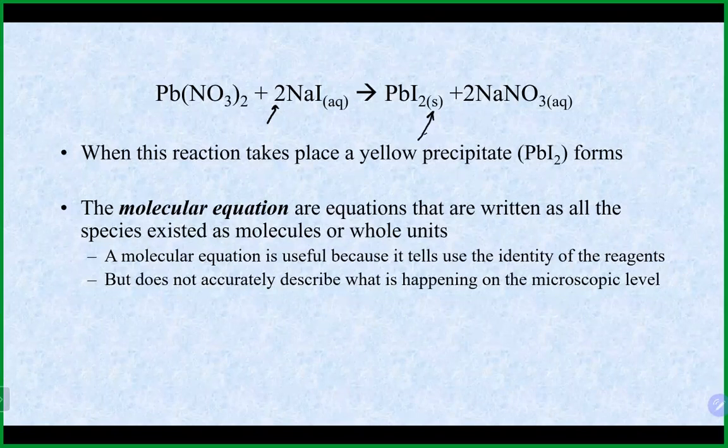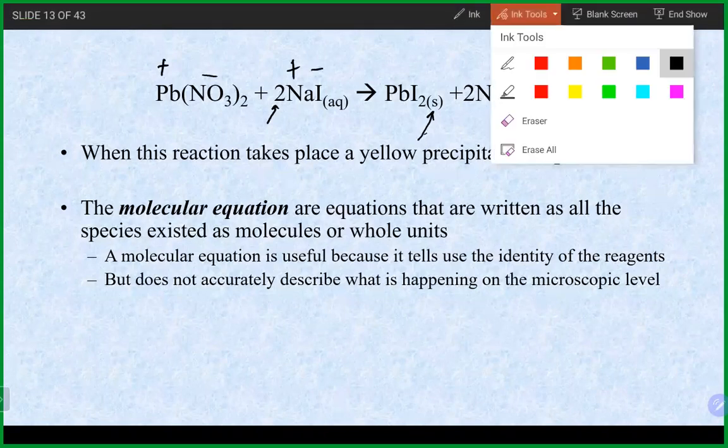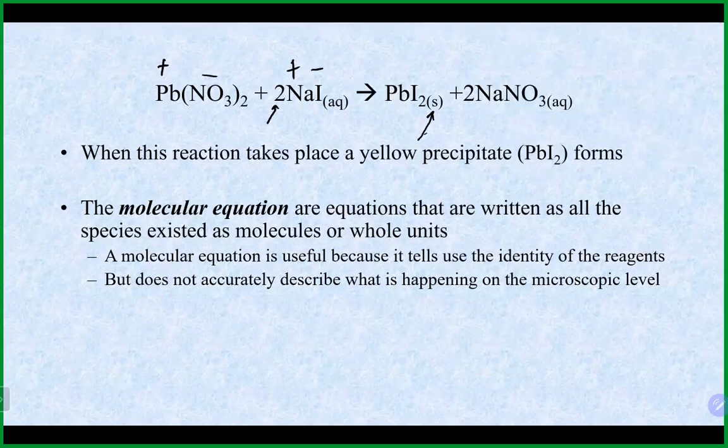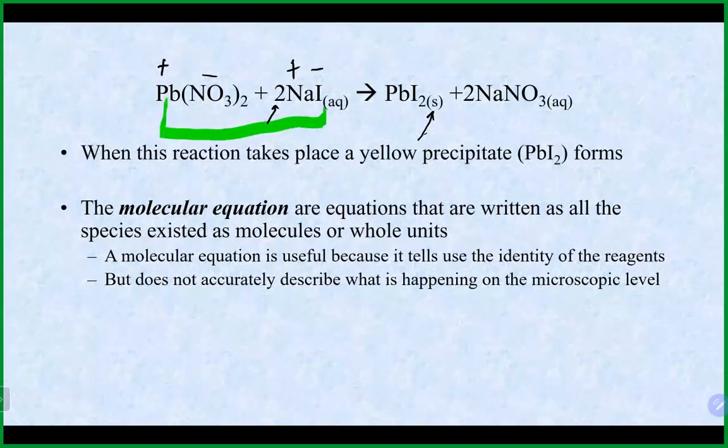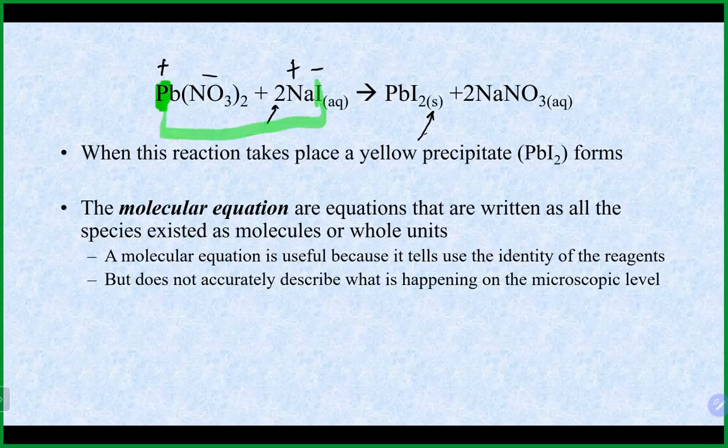If we look at our first compound, this is an ionic compound, a positive and negative ion together. This is also an ionic compound, a positive and negative ion together. What happens in this case is we get that double displacement. The positive ion here will go and hook up with the negative ion on that side, and when it does, it will come together to make this ionic compound here.